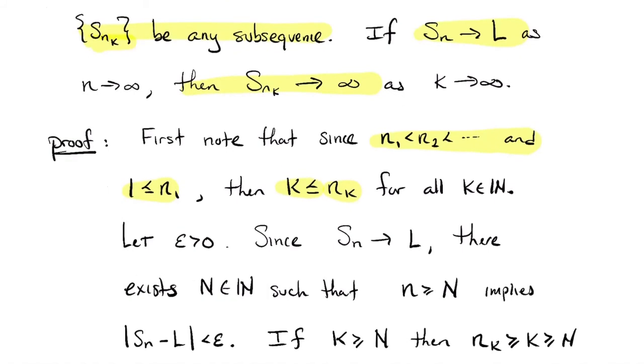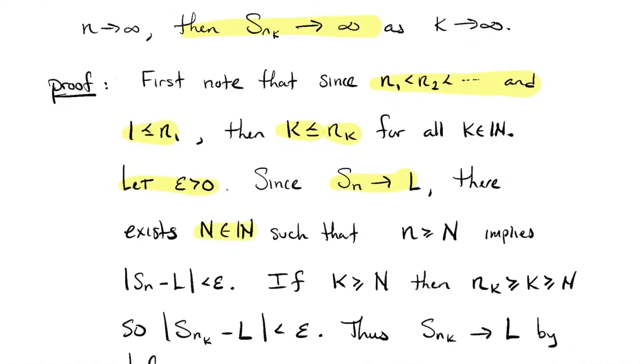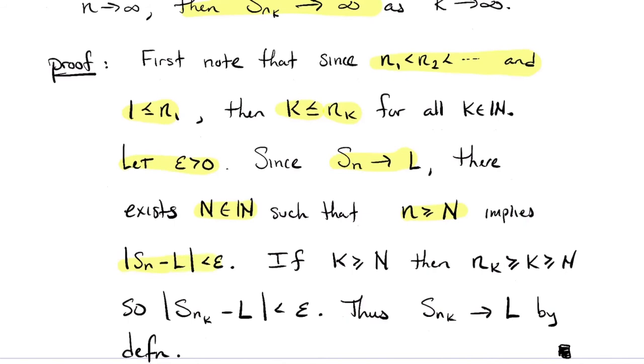I want to show my subsequence converges, so I start by picking an epsilon. Since my sequence converges to L, there's some value, capital N, so that when little n exceeds it, the difference between S sub n and L is less than epsilon.